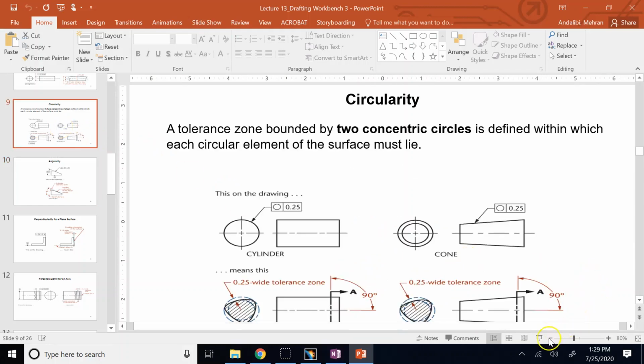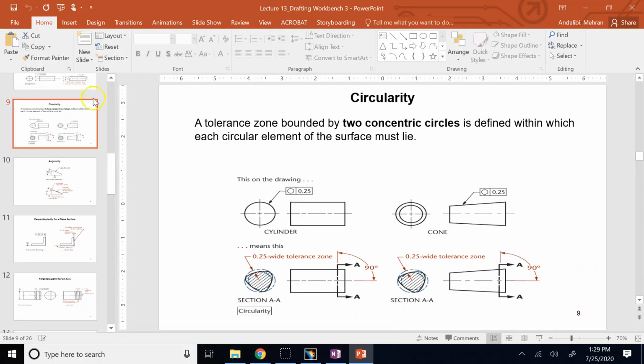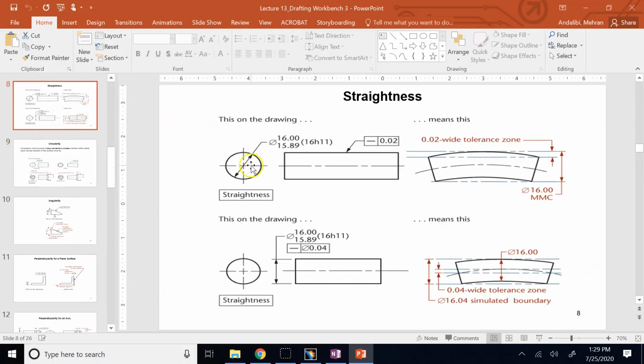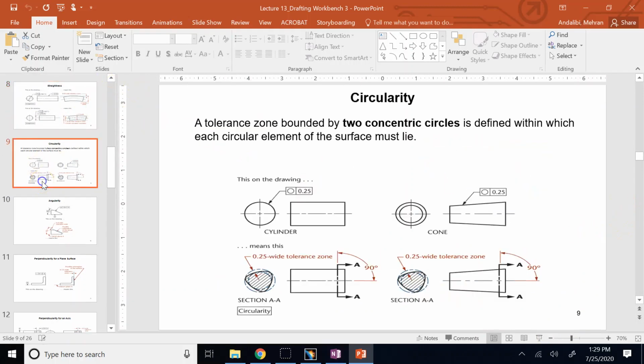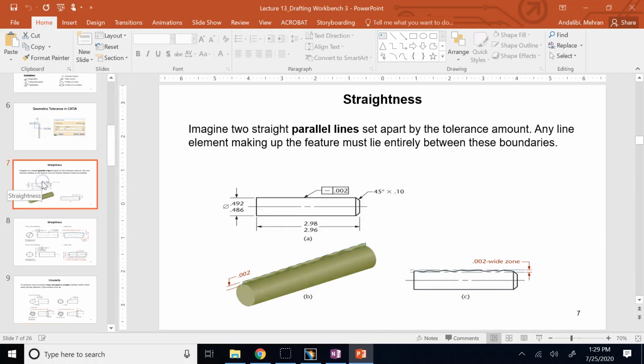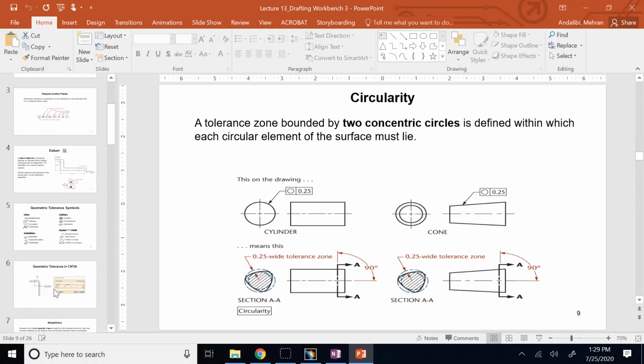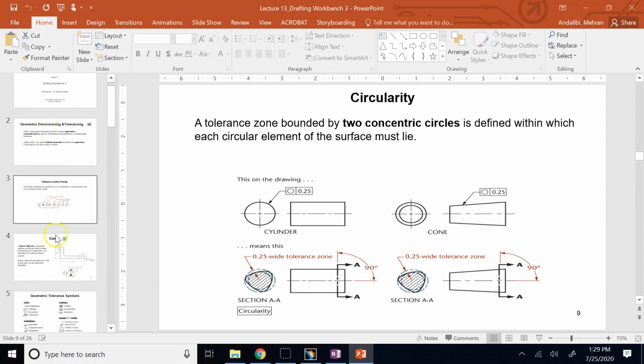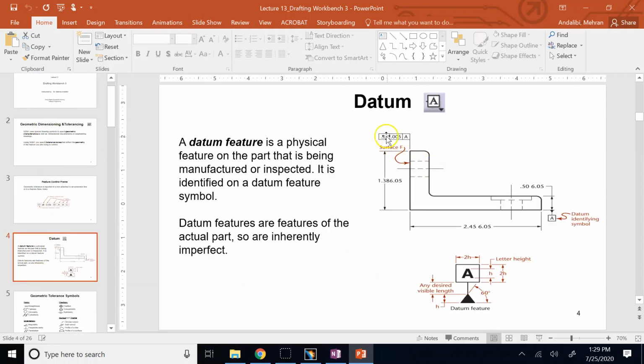So you get the idea of tolerance zone, and for some of them, like straightness, parallelism, angularity, and so on, you need a reference. For some of them, like straightness and circularity, you don't need a datum or reference. And the way that you show it is using a box. Each box has several cells.